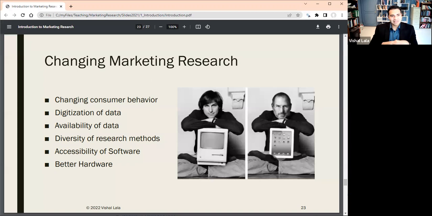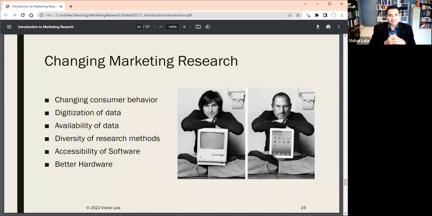And as with everything around us, we're seeing an evolution, sometimes in big leaps and bounds. As far as the marketing research world is concerned, we've seen a dramatic change in consumer behavior over time. People are favoring certain kinds of products more than others. There's more, for instance, concern about the environment and the environmental impact of products we buy.